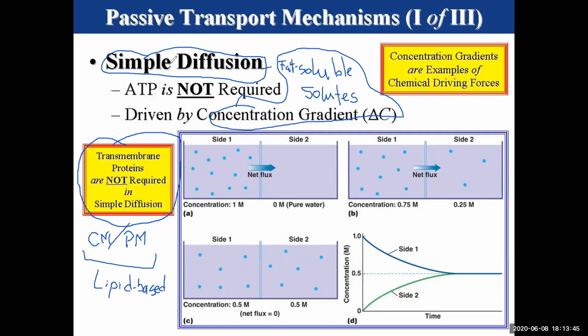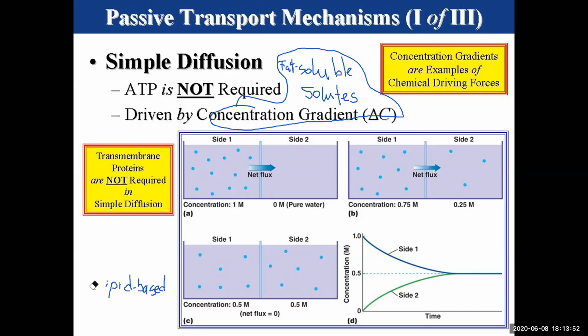Okay, so simple diffusion transports fat-soluble solutes across the plasma membrane. And the incentive, the driving force, is the concentration gradient.